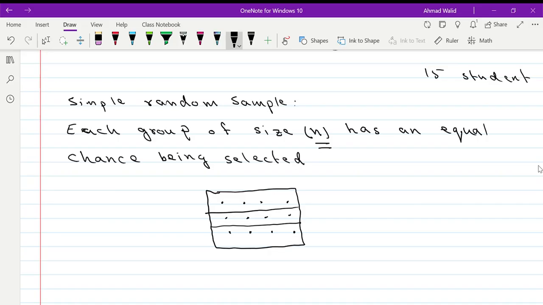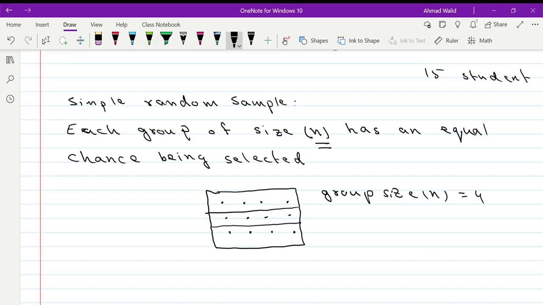That's the group size, n. For example, the first group is size 4, second group size 4, third group size 4. All these groups have an equal chance. The members of these groups have an equal chance to be selected. This type of selection, we call simple random sampling or sample.